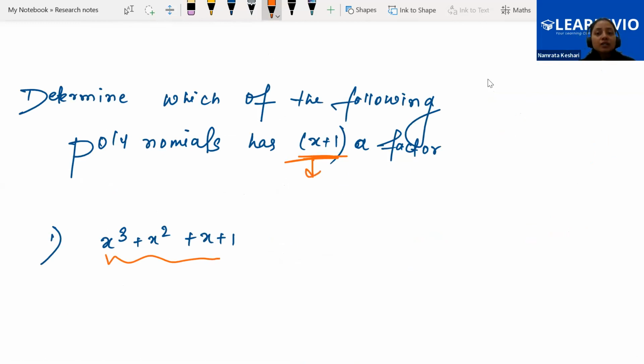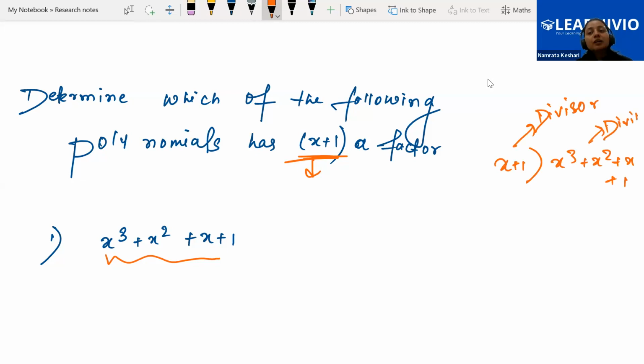So this is the divisor, and the inside one, x cube plus x square plus x plus 1, this is the dividend. We have to find the zero of the divisor. Can you tell me what is the zero of this divisor? Minus 1.